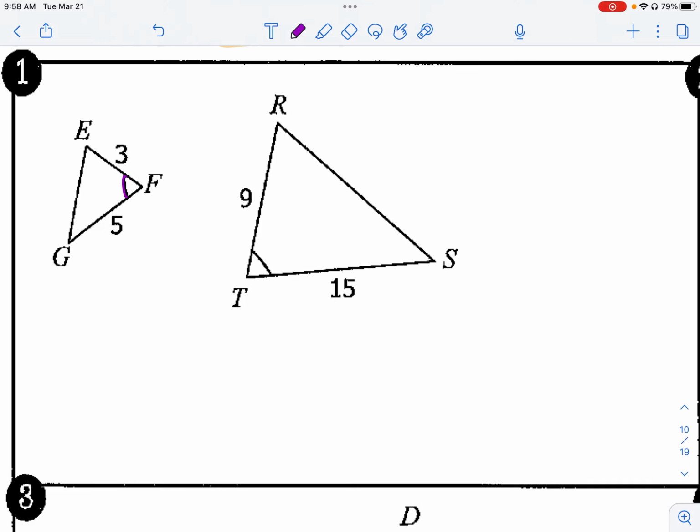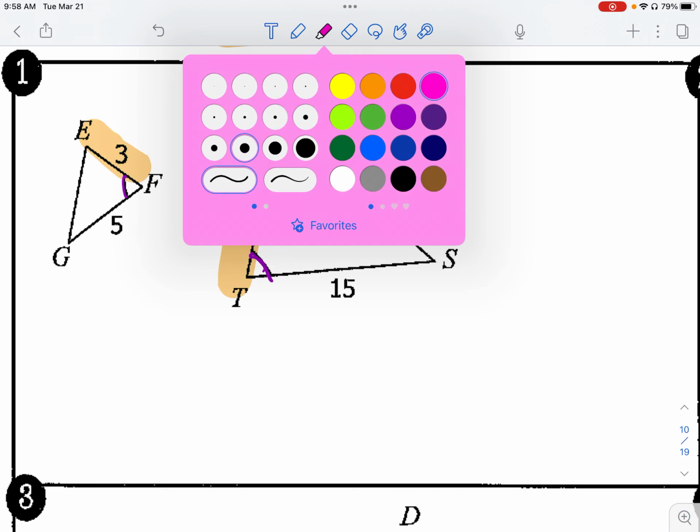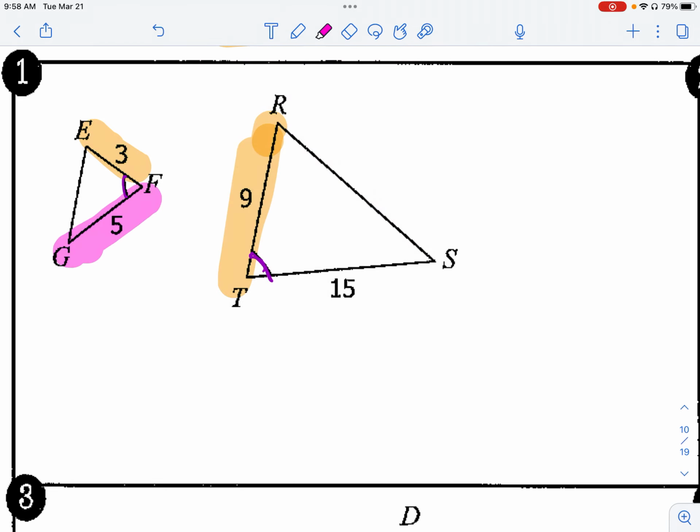Well, we have an angle, and we have the sides on either side of that angle. So we know we might be able to get side, angle, side. And here, let's mark it.